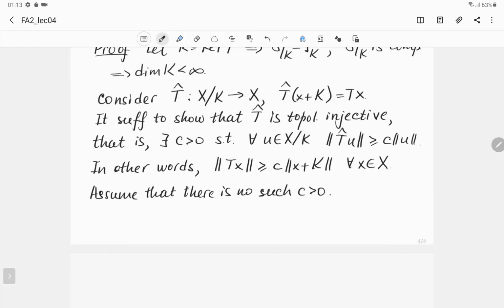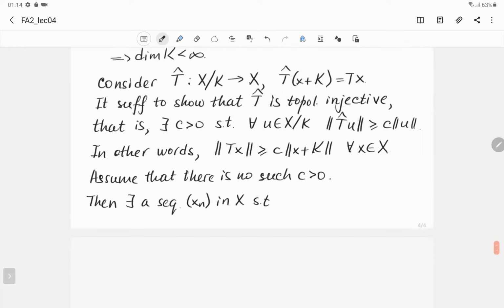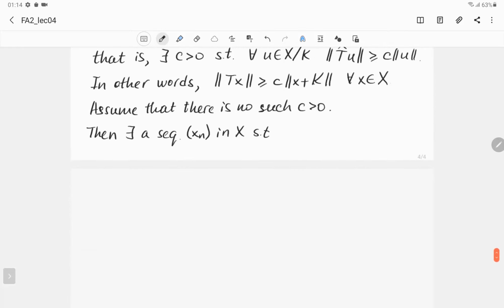Well, there is no such C. This implies that there exists a sequence x_n in X such that the norm of the respective coset in the quotient is 1 for each n, but T applied to x_n goes to 0.